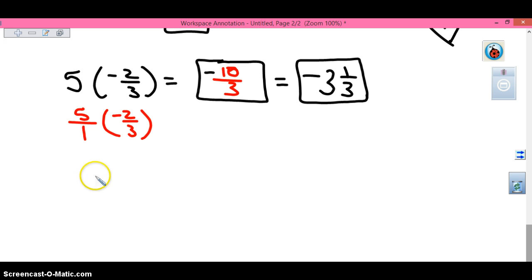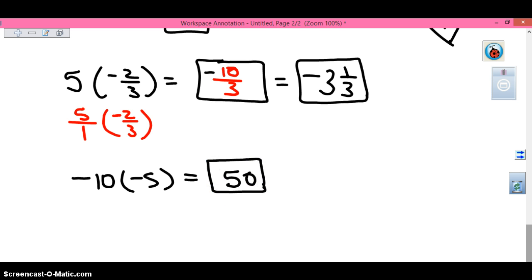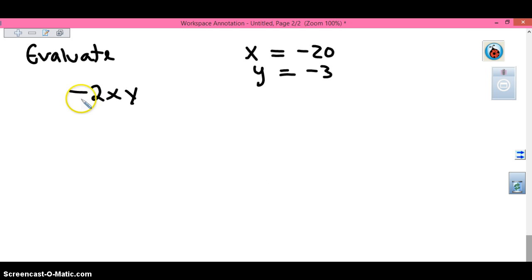If we're multiplying negative 10 times negative 5, positive or negative? Positive. If we have to evaluate negative 2 times x times y, where x is negative 20 and y is negative 3, the first thing we have to do is substitute.